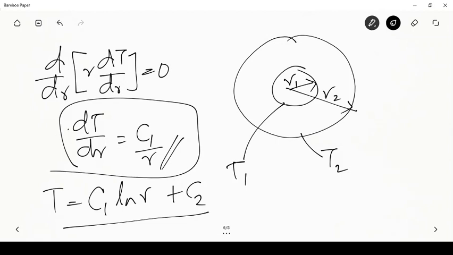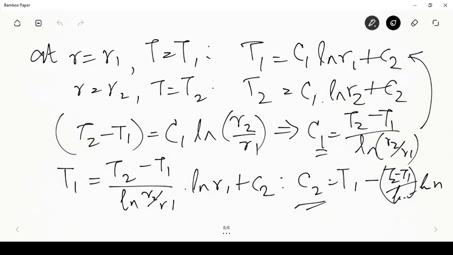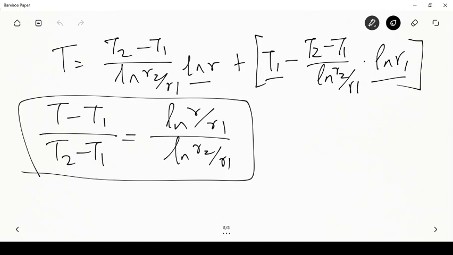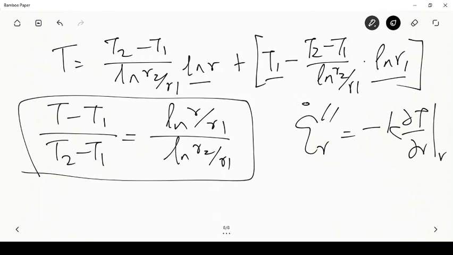And what do I need? I need the heat flux, which is q double dot at any radius, equal to minus k dT/dr at r, right? So this is known, and that will be equal to minus k times dT/dr at r, which is C1 by r.